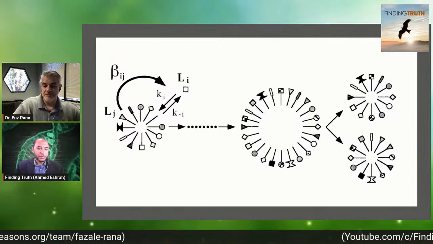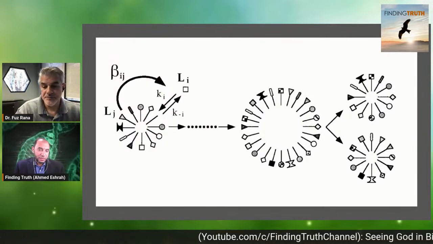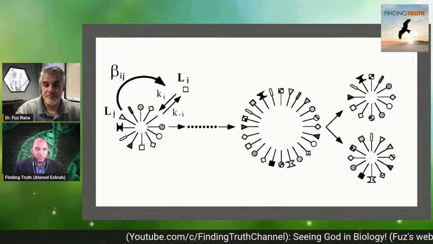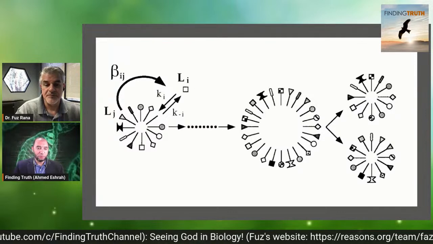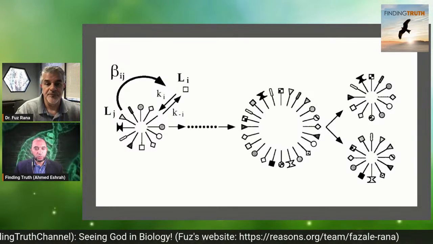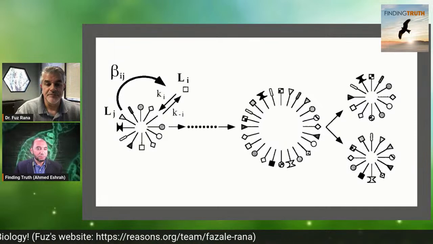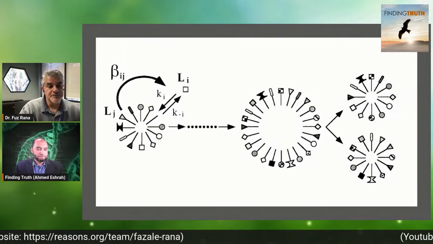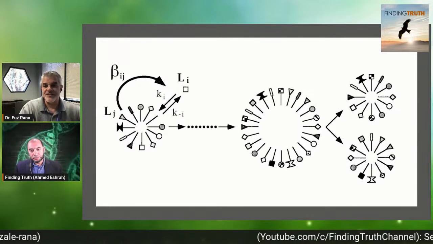So maybe actually there is some extra nuclear information in the cell membrane, or maybe in the cytoplasm even, who knows, that is contributing to what makes the cell remain what it is, in a way. Yeah, fascinating stuff.